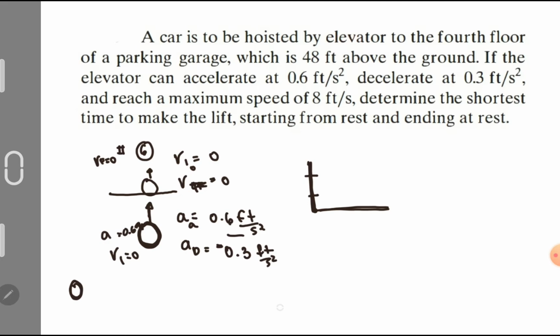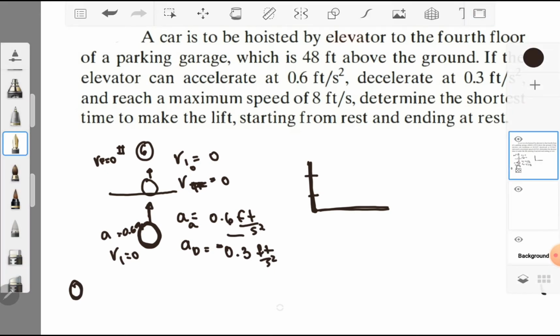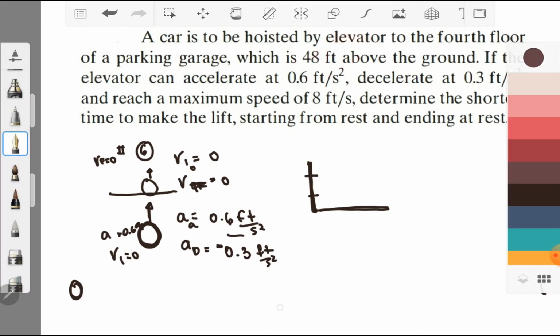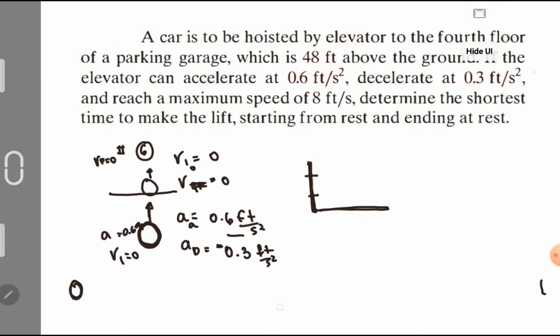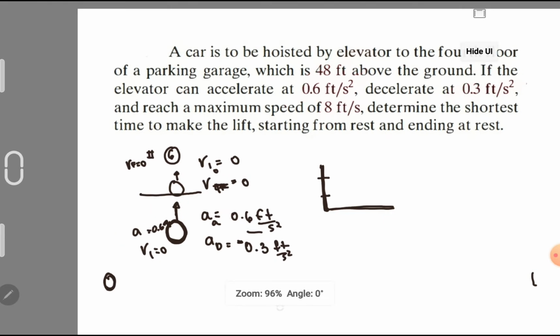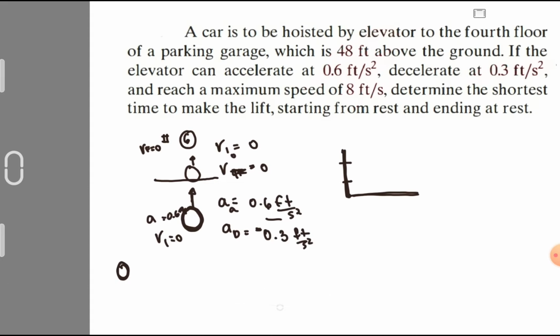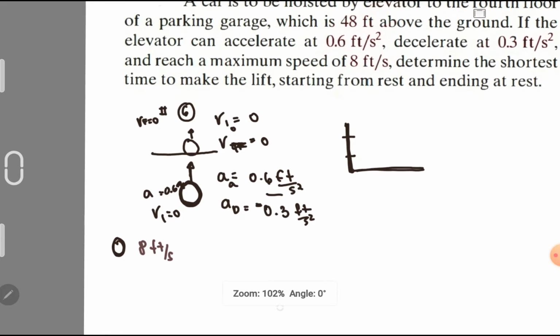Take note that these are the specifications of your elevator. Your elevator has a specification of 0.6 feet per second squared acceleration, a deceleration of 0.3 feet per second squared, and a maximum speed of 8 feet per second. Take note that this 8 feet per second is not necessary to meet. It is the maximum velocity of the elevator.